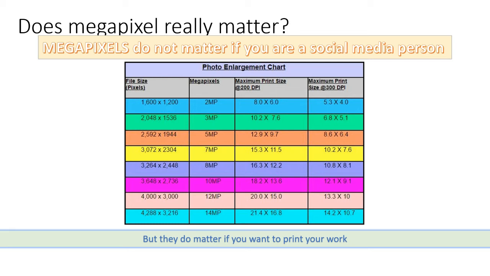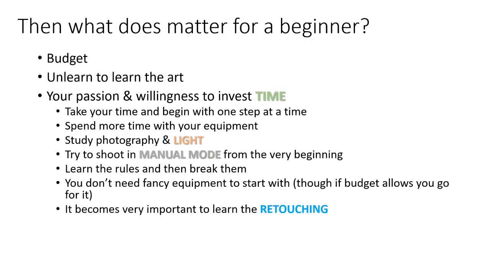The best thing about megapixels is you are going to crop it down, and still you will have enough image quality that you can upload somewhere, or maybe put it in the printing machine and get a very high resolution print. So this is the advantage of having more megapixels. And the second thing is that when you print a higher megapixel picture, the quality of that print will be far superior to what we have in smaller megapixel sensors.